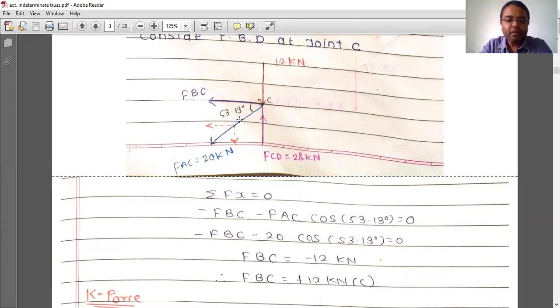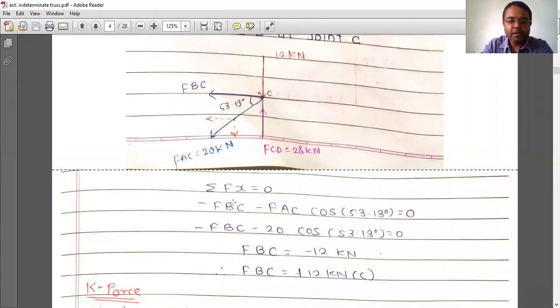Now only a single force is unknown, that is FBC. So just apply a single equation, that is apply summation Fx equal to 0 to this diagram. You will get the force in member BC. So how to apply summation Fx? Forces going towards left, which are horizontal, take as negative, and forces going towards right side, take as positive.